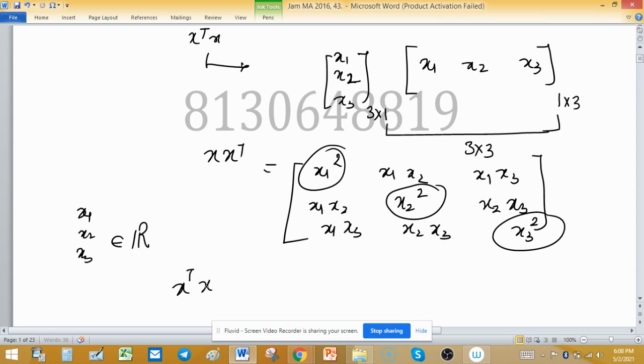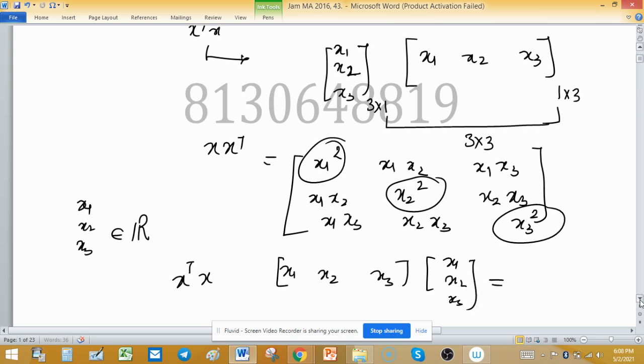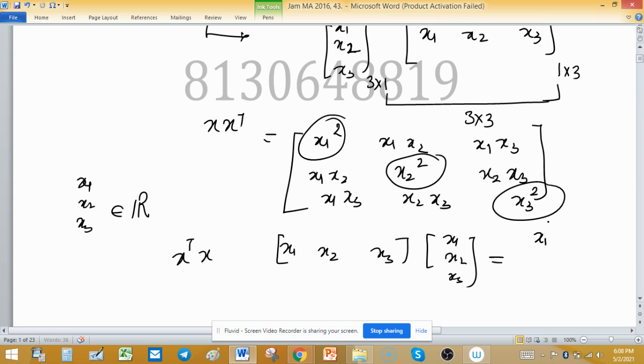It is x1 x2 x3 times x1 x2 x3. So the resultant will be x1 square plus x2 square plus x3 square. This is a 1 by 1 matrix, so this is a number, a real number.